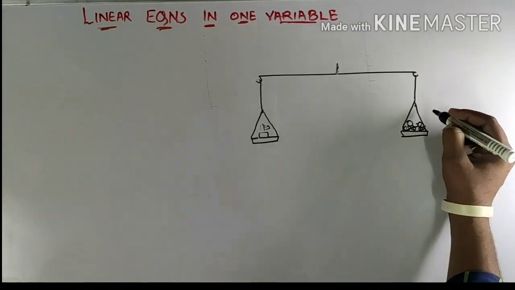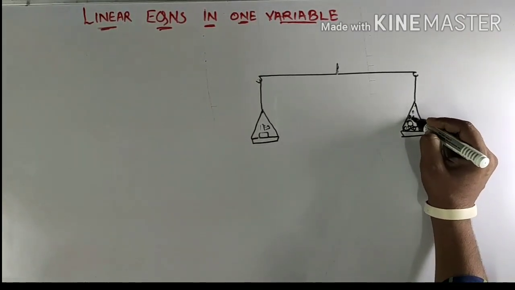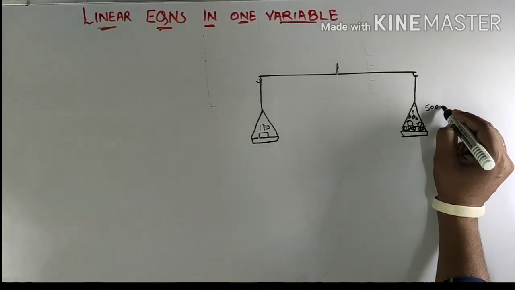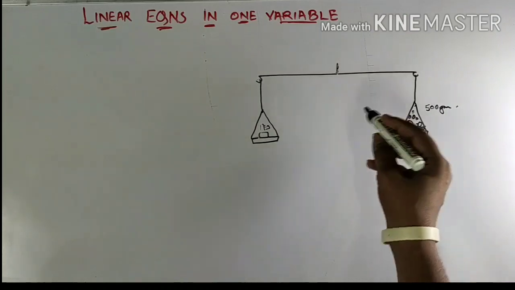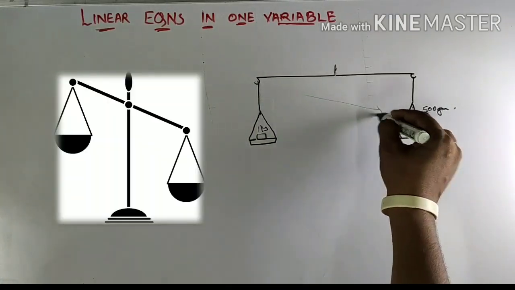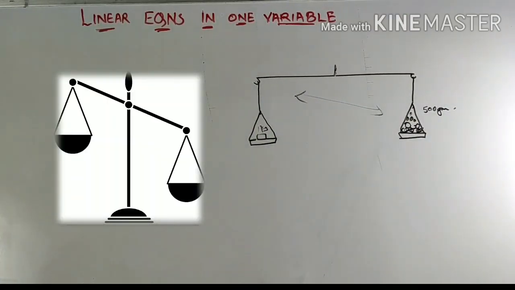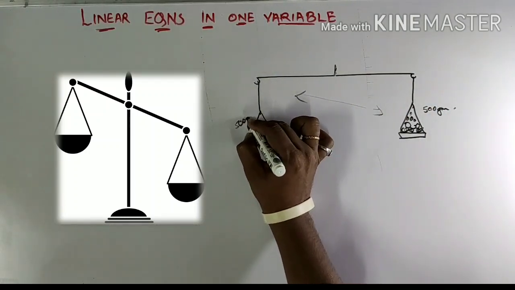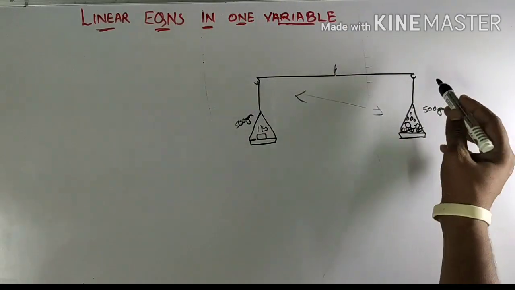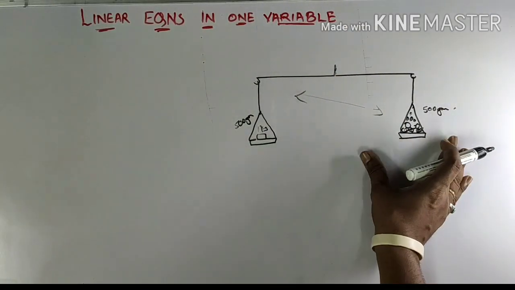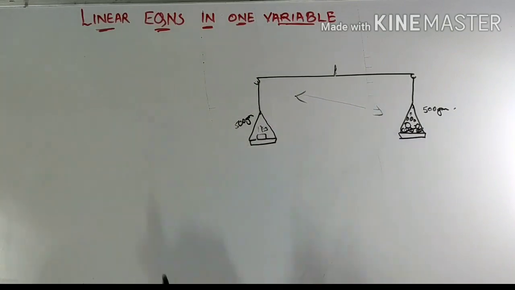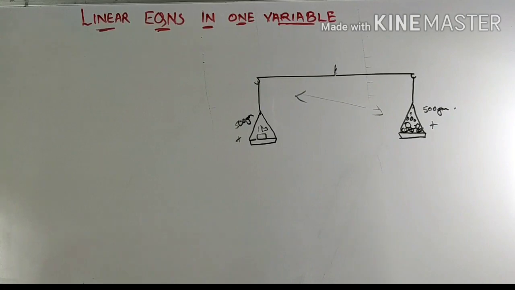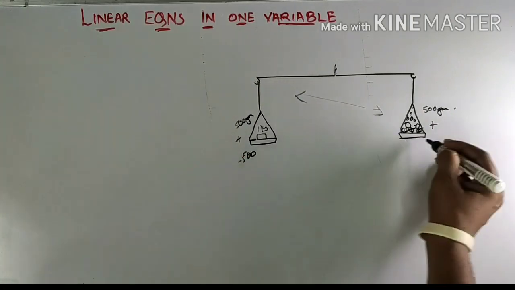But if I add a few more goods on this side, approximately 500 grams, this will bend towards the goods. So to balance that again, I'll have to add 500 grams over here also. Whatever change I do on one side of the balance, I'll have to do on the other side also. If I subtract 500, I'll have to subtract 500 over here.